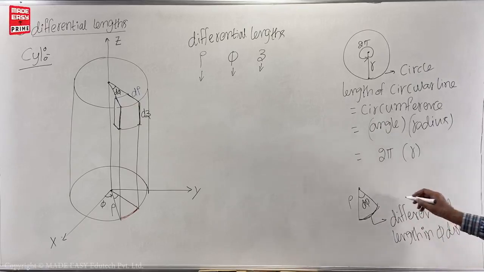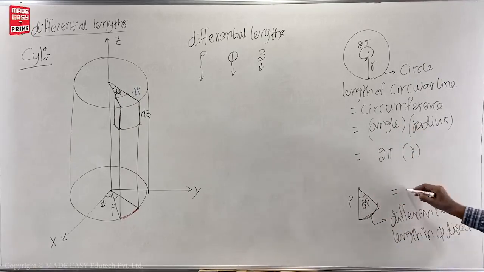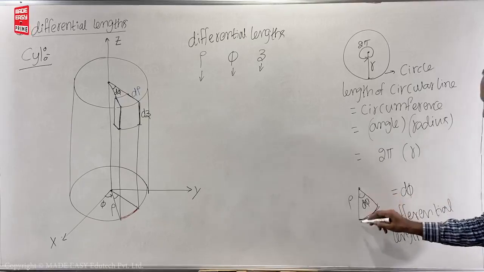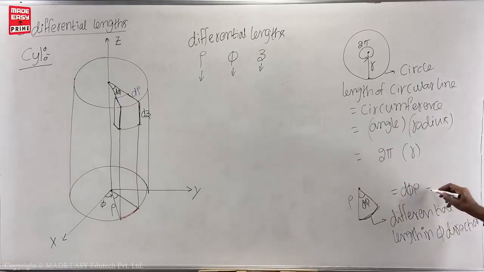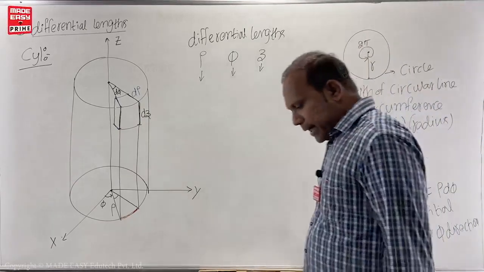So then what is that length? This is the formula: how much angle you have rotated, d phi angle, multiplied with radius. So that is nothing but rho into d phi. I am saying differential length. Length means meters, so rho is in meters. d phi means angle, that is not a meter, simply radian, and radian into meter is meter actually. So this is the differential length in phi direction.